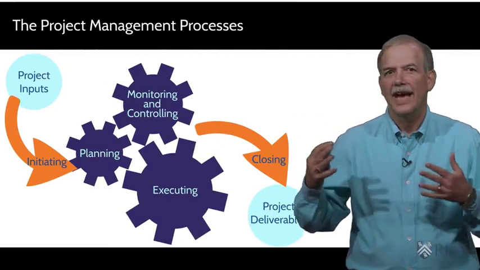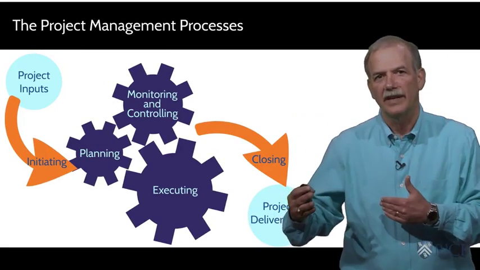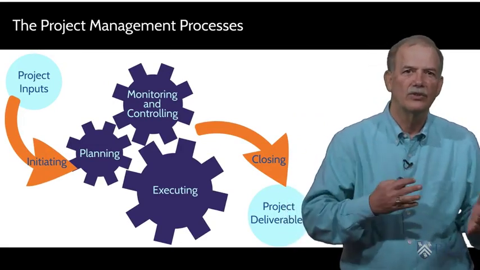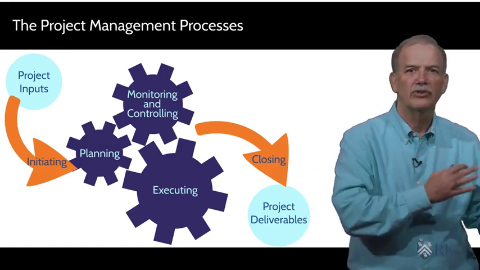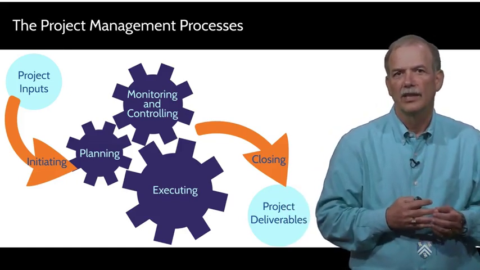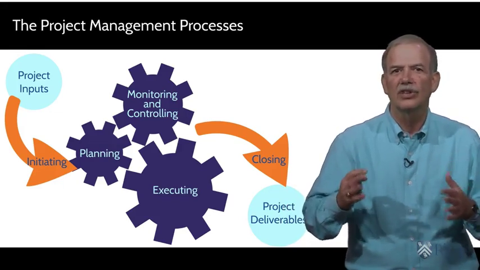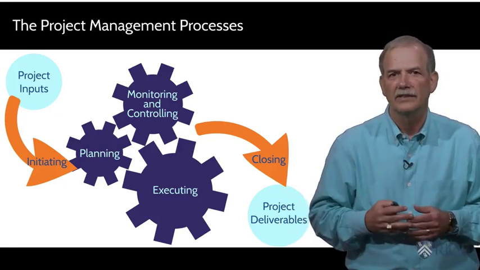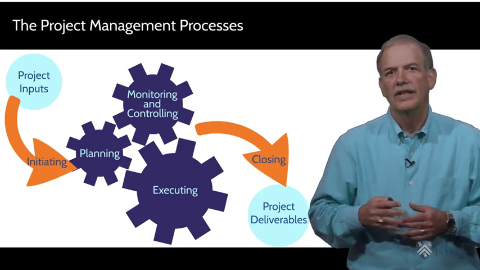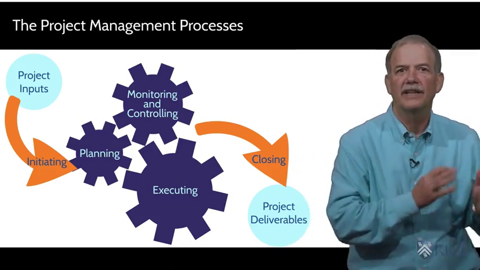As this change happens, we need to adjust our plans, change the way we execute, and update our monitoring and controlling. We will discover new things as we execute, which will cause us also to change the project scope and our plans. We'll either be ahead or behind plan, causing change.